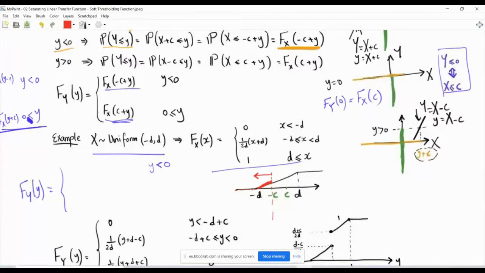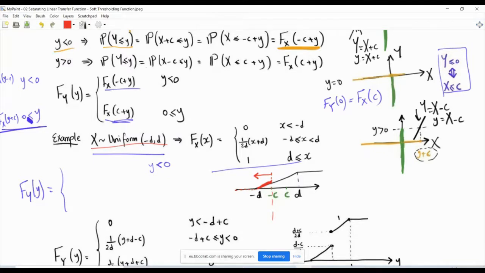Now, you obtain the general solution, and now you want it to be specific. What if x is uniform from minus d to d? It may be tempting to say, I will just copy these two, replacing F of X by its expression. But F of X itself is defined in pieces.